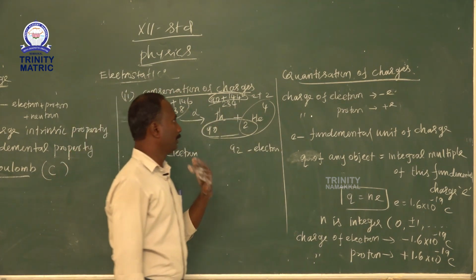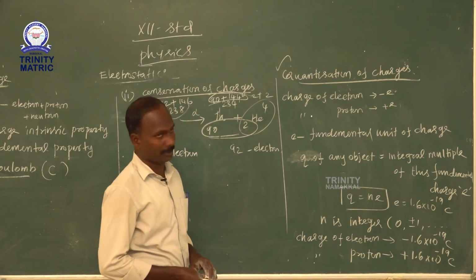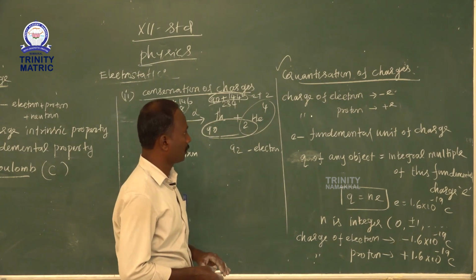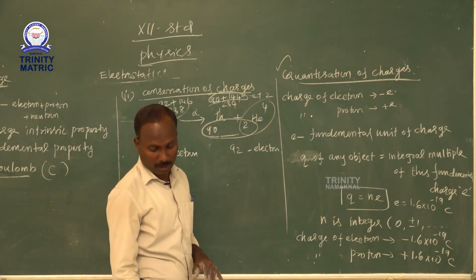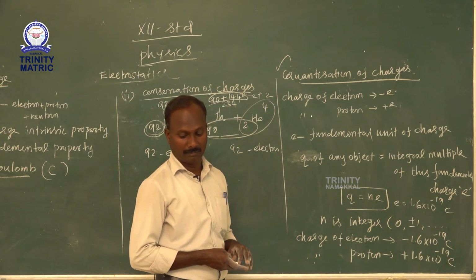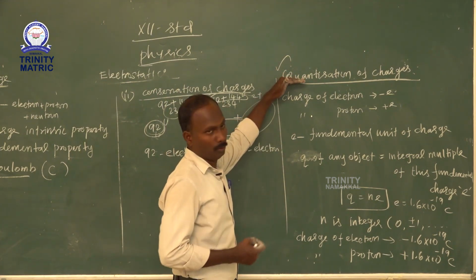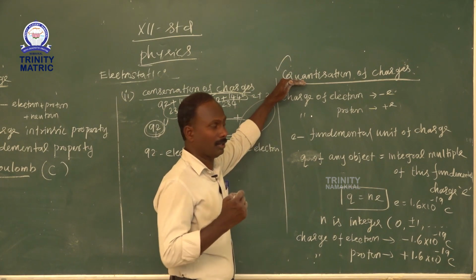Okay, now another basic property: quantization. That is the quantization of electric charge. The quantization means the smallest amount of charge that we can find in nature. So what is the minimum value of the charge?